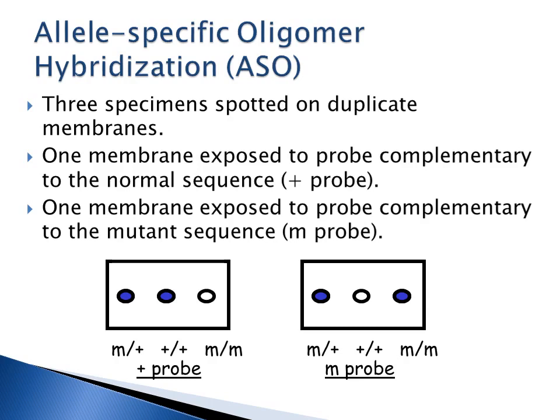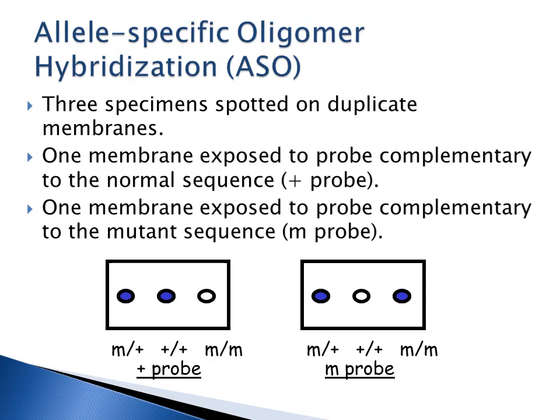One of the membranes is exposed to a probe that you've generated that's complementary to the normal sequence. The other membrane is exposed to a probe that's complementary to the mutant sequence. So wherever you have normal sequence, that's going to light up.